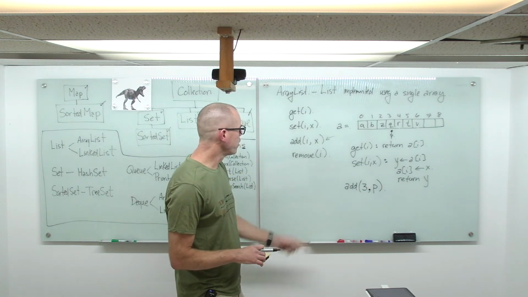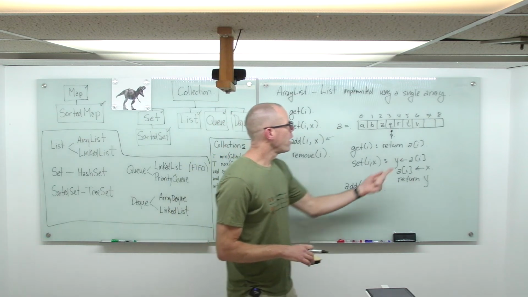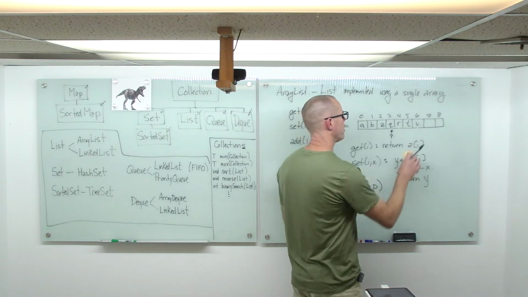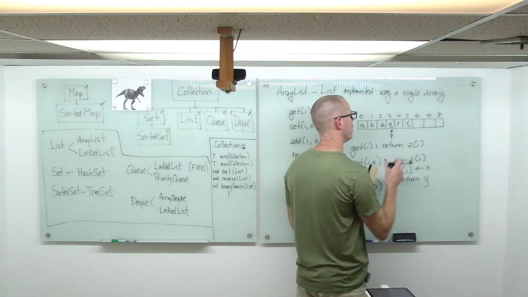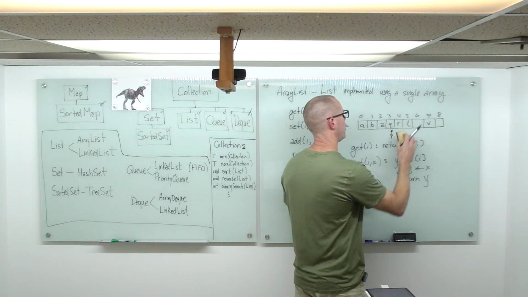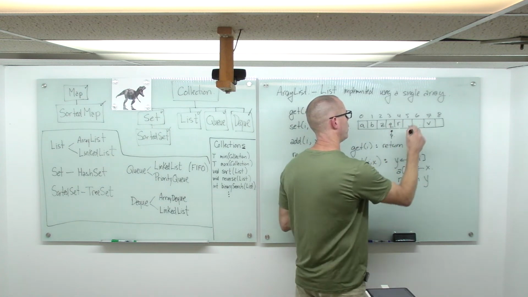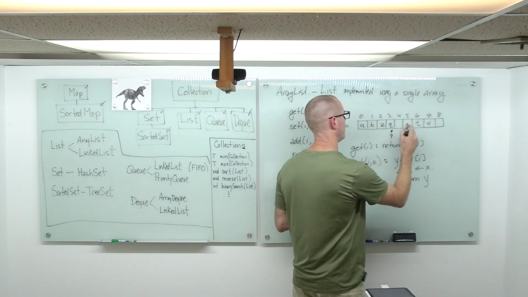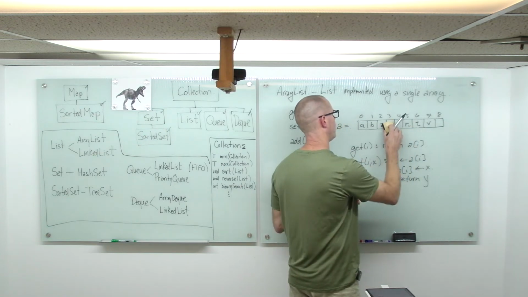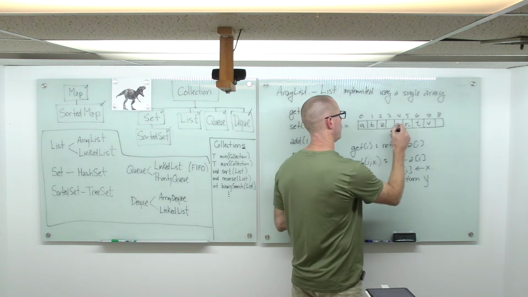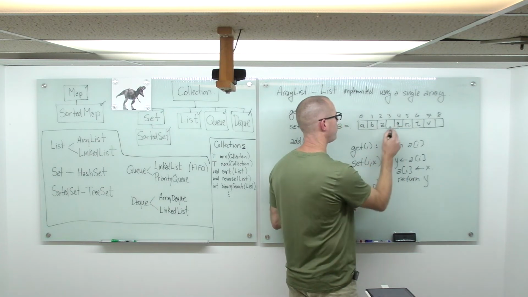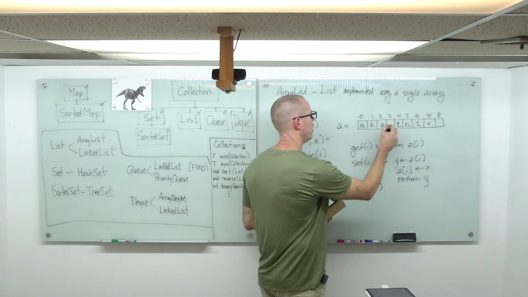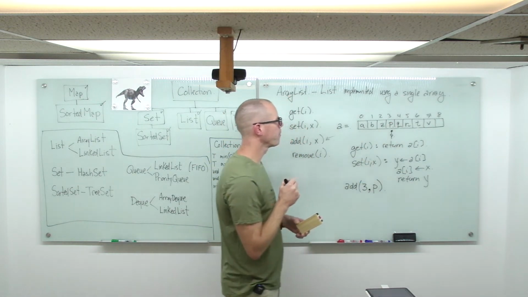When I want to insert something at position i, I start at the end of the array and move things over by 1. And finally, that frees up the space for the thing that I want to add, and I put it there.